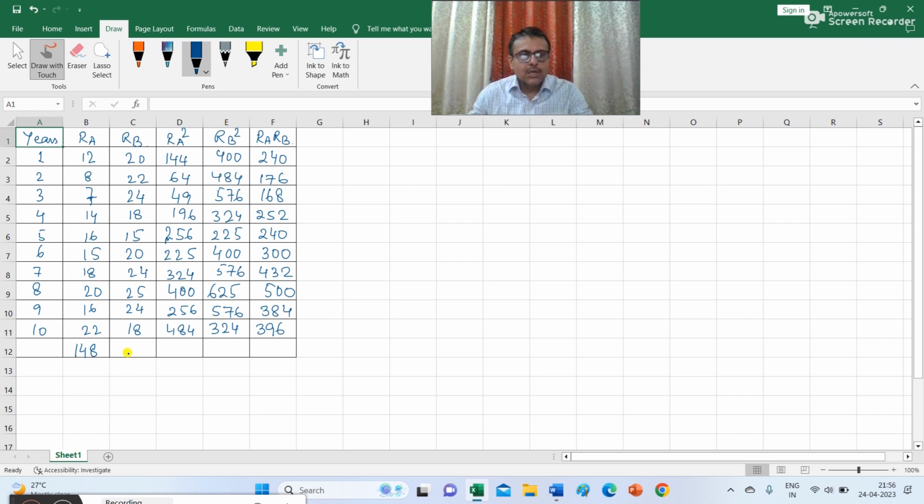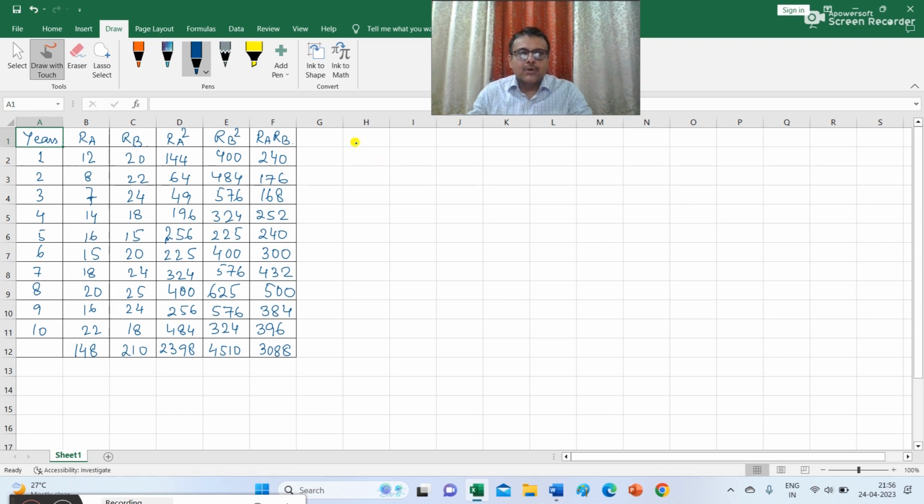Then sum total of RB is 210. Sum total of RA square is 2398. Then sum total of RB square is 4510 and sum total of RA RB is 3088. Please have a look at it.